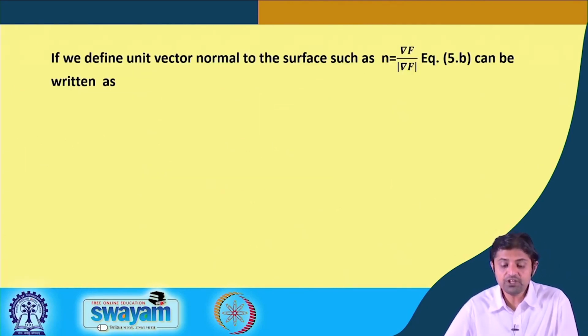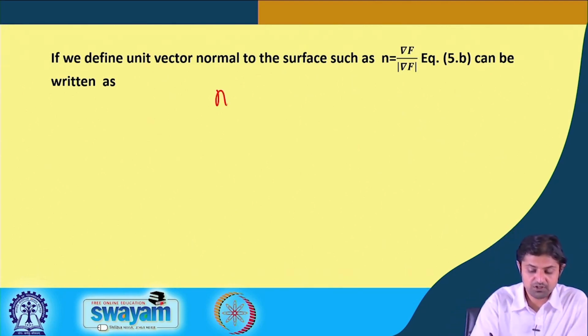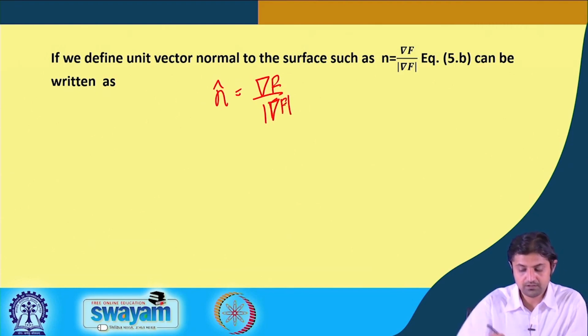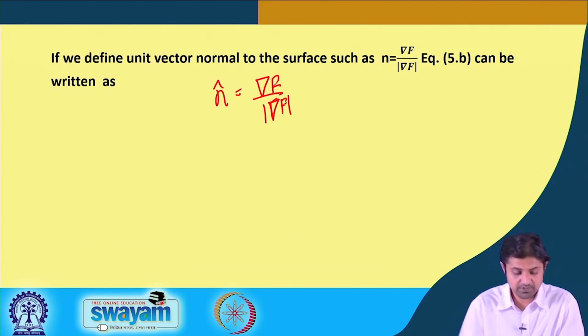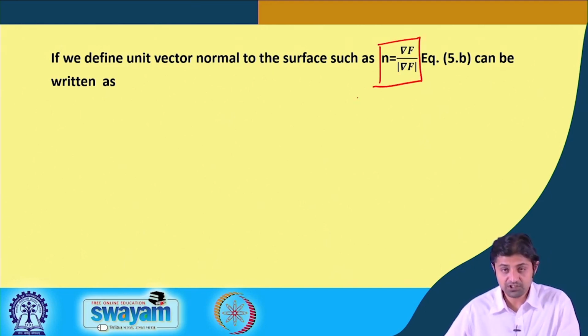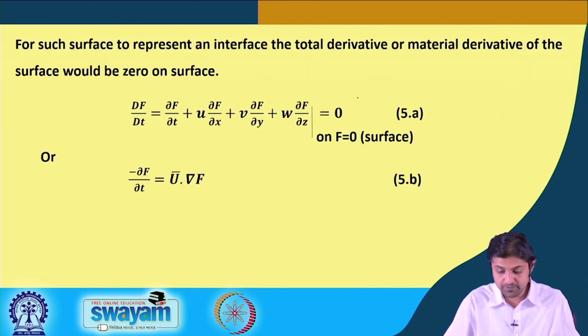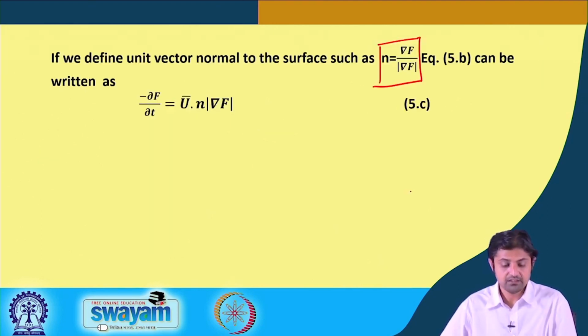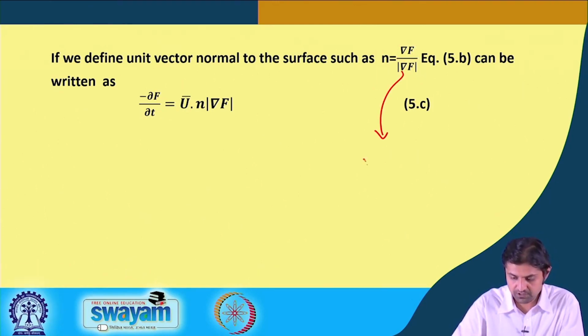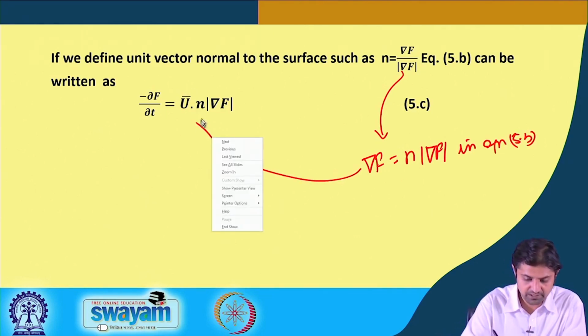Now if we define a unit vector normal to the surface, it can be written as n equal to del f over mod of del f, if you recall your mathematics class. This is a unit vector which is normal to the surface. Using this n, we can write equation 5b as minus ∂f/∂t equal to u dot n times mod del f. We substituted this in equation 5b, and we get this value.